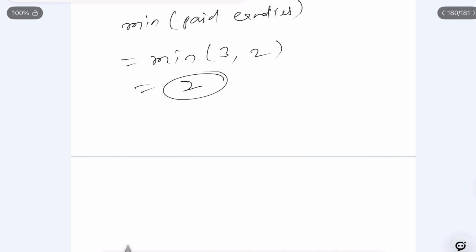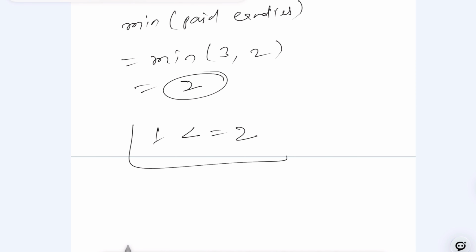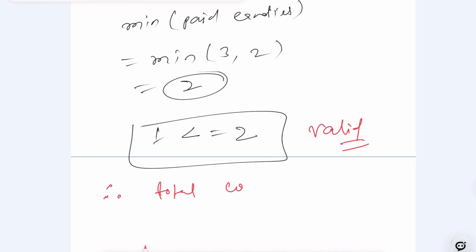So the free candy we have bought is 1 rupee, and it should be less than or equal to 2. And that is valid. So the total cost is 3 plus 2, which is 5.